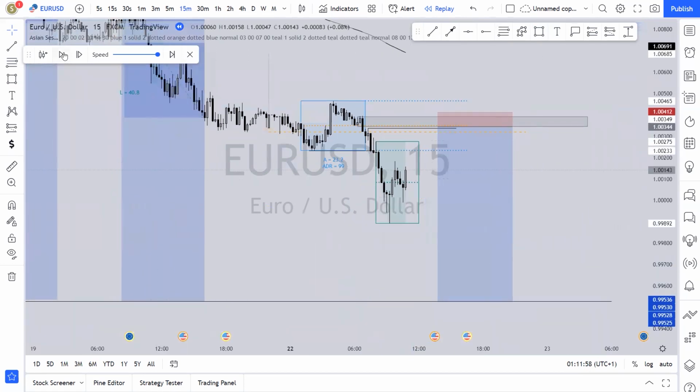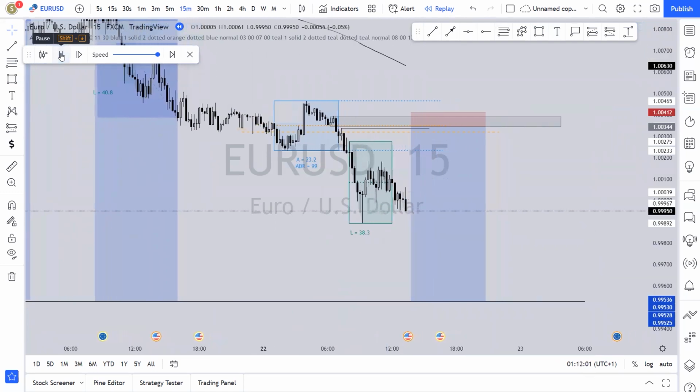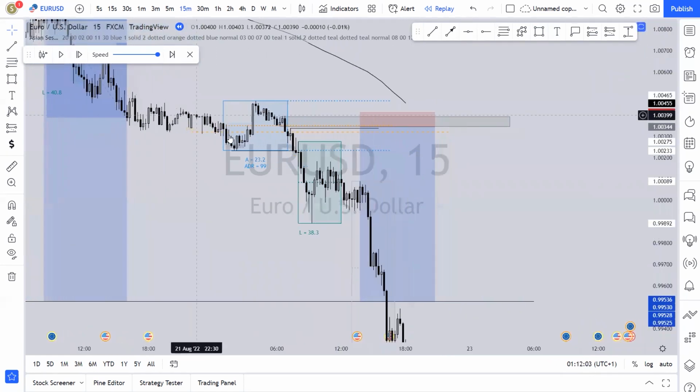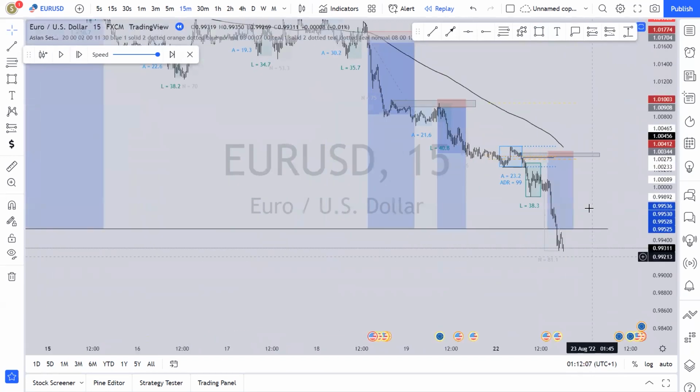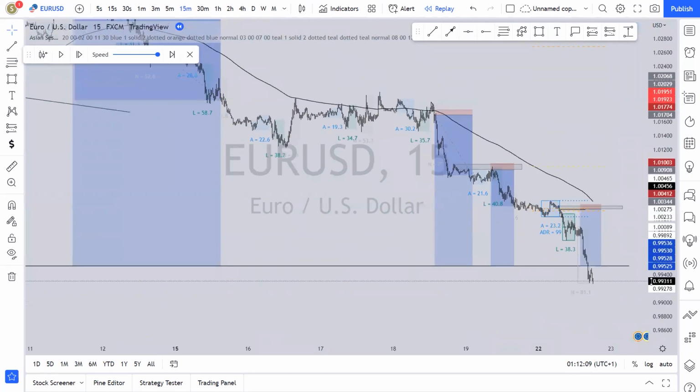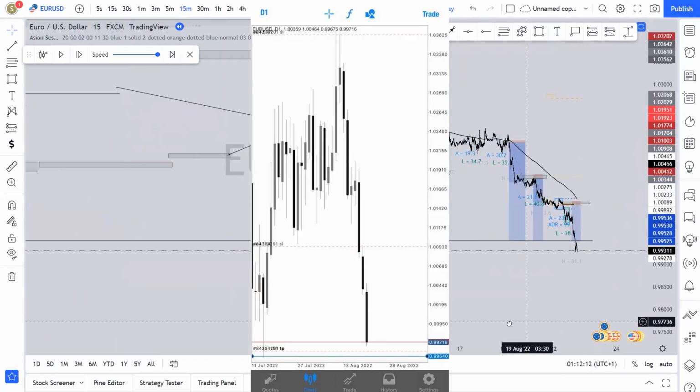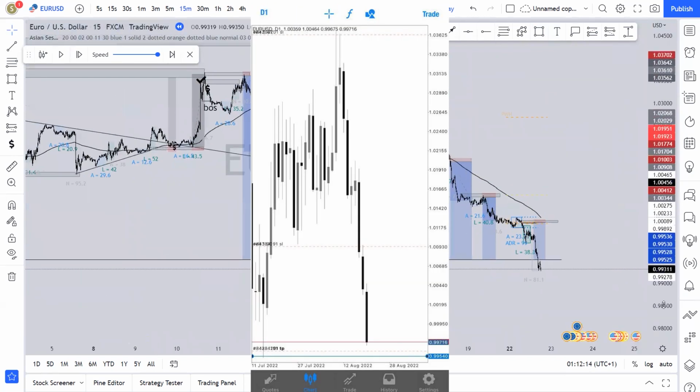But eventually price didn't actually mitigate there, and price got to my final target. So guys, look at it. So nice.